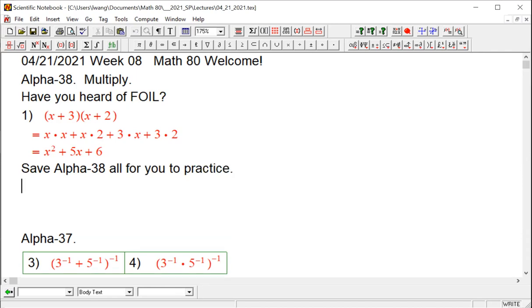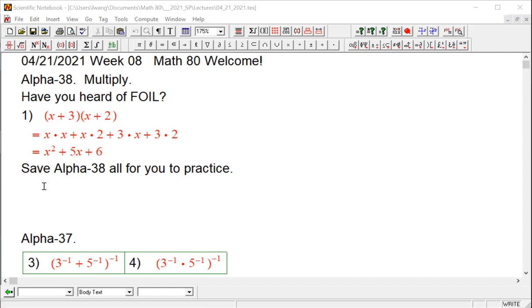Along in that table, you see that there are some perfect squares, which we have done. So next we're going to move on to alpha 39.